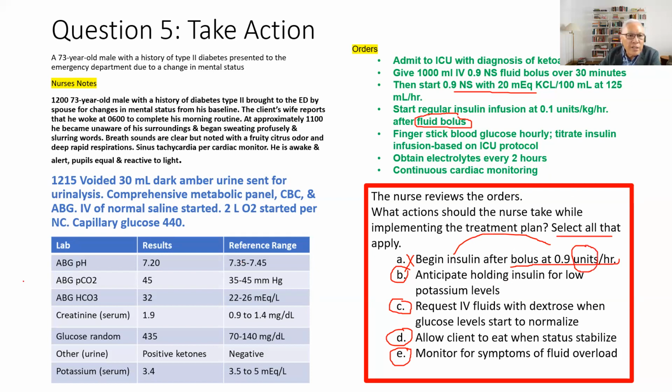This is insulin, Francis, okay? So it's not referring to the fluid bolus. Yeah, you could easily misinterpret that because now this unit tells you that this is the insulin bolus.